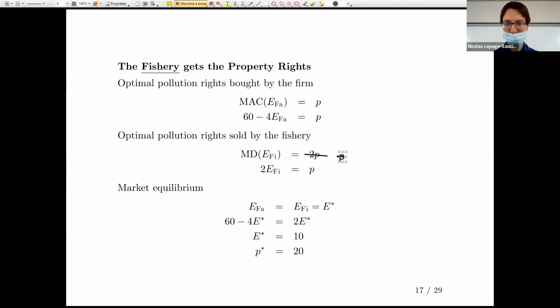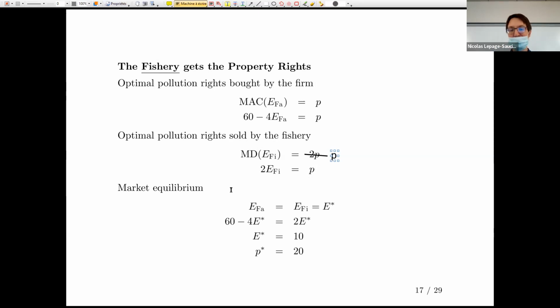So the marginal damage is, of course, 2 E_FI equals P. And in the market equilibrium, we have a uniform price. The price set by one is the same price received by the other.